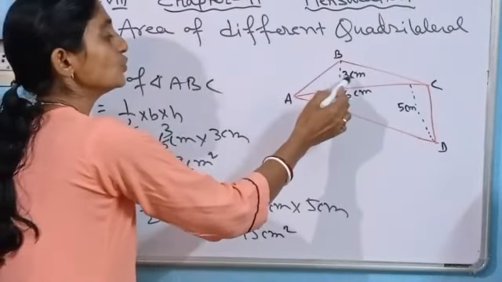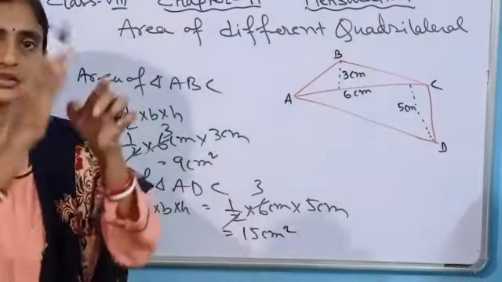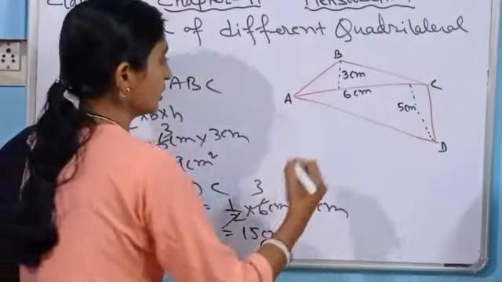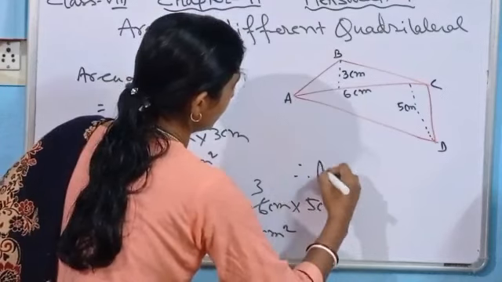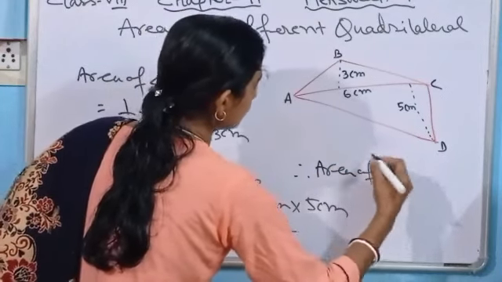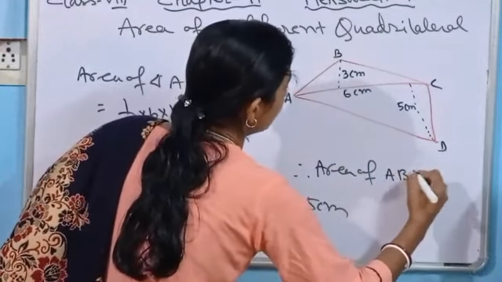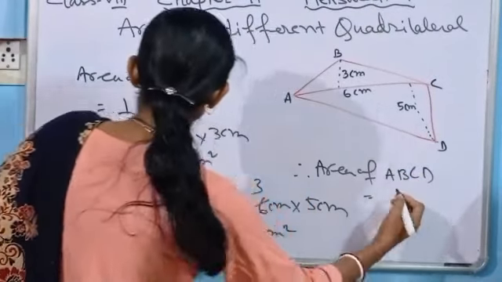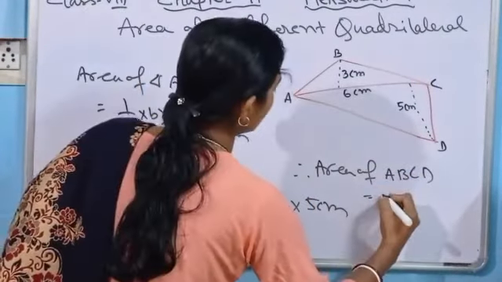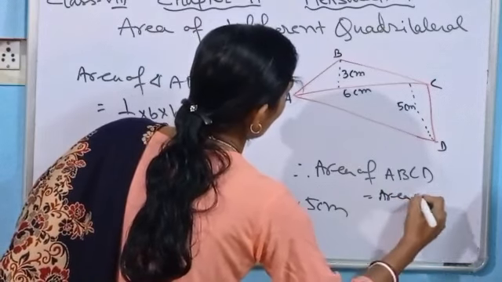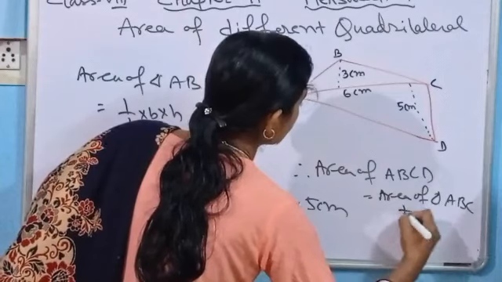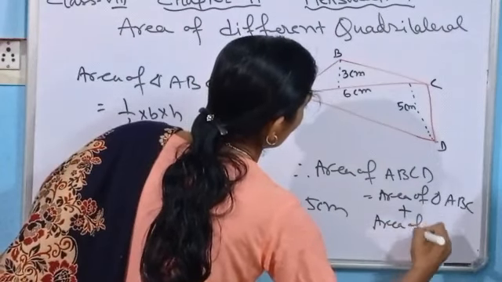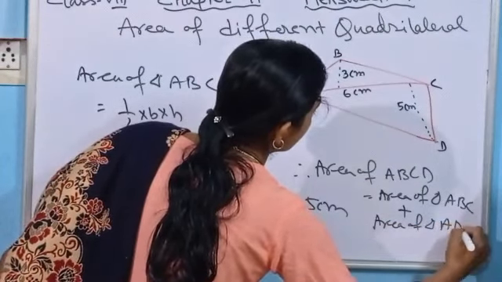Now area of the two different triangles you have got. Let's sum them up. What you will get? The total area or the area of ABCD. So here we can write area of ABCD, that is equal to area of triangle ABC plus area of triangle ADC.